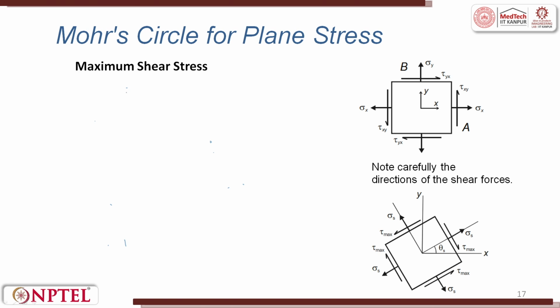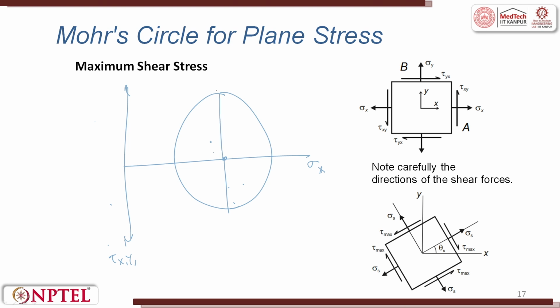Okay, how do we represent the maximum shear stress in a Mohr circle diagram? This becomes sigma x, this becomes tau x1y1. You will have a center which is the average. So, you draw a circle. This is the tau min, and from here this is the tau max.